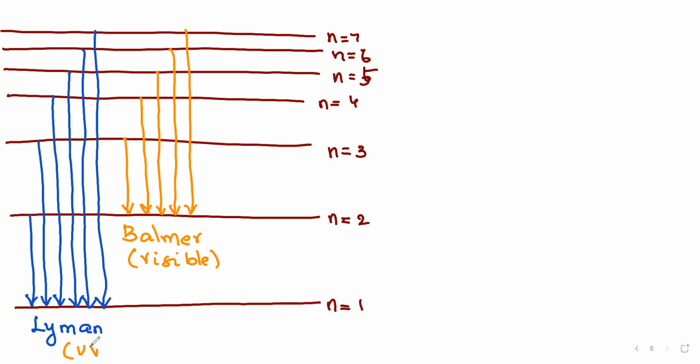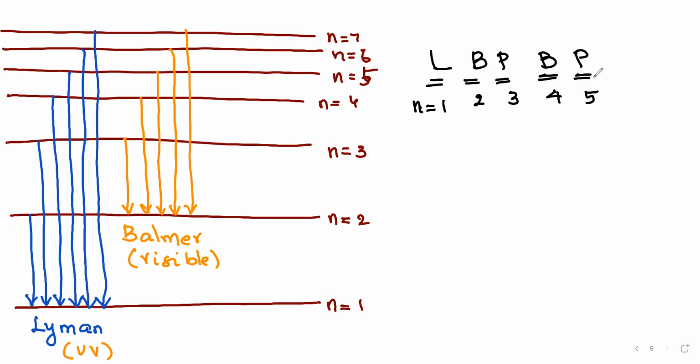So Lyman falls in the UV region, and we have three more series. I am writing the series once again: L, B, P, B, F. You can remember like this: Lyman, Balmer, Paschen, Brackett, and Pfund. This is for n equal to 1, n equal to 2, n equal to 3, n equal to 4, and n equal to 5.